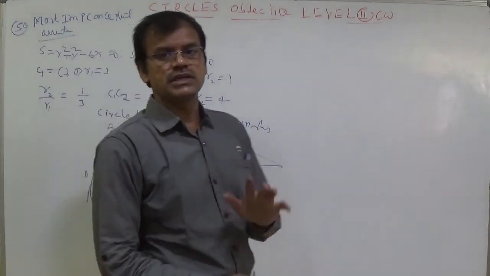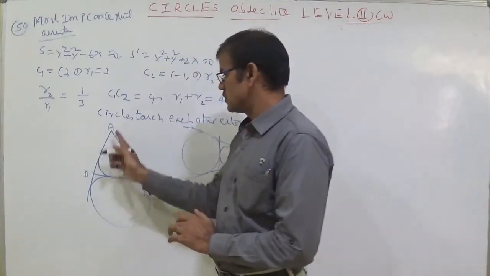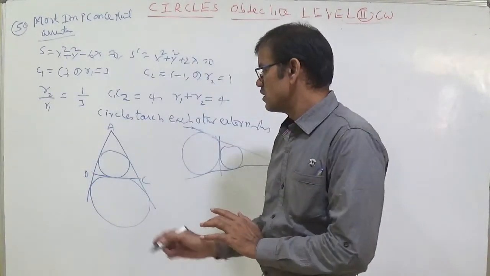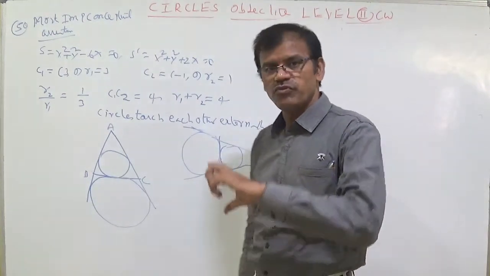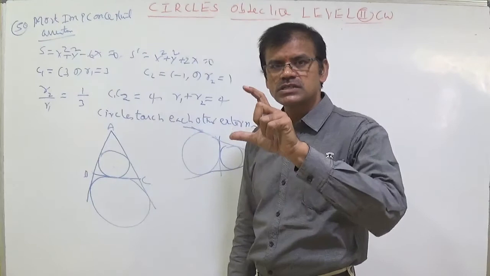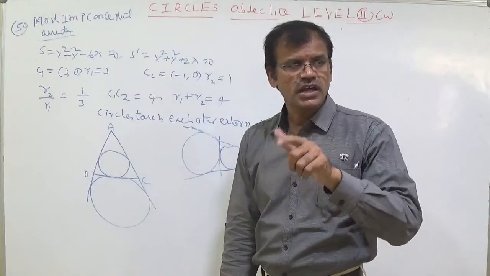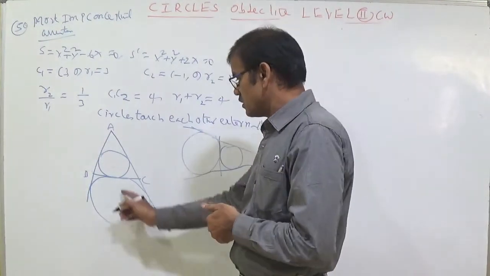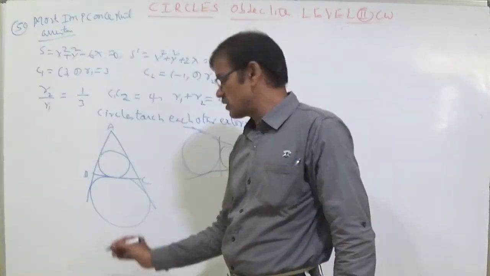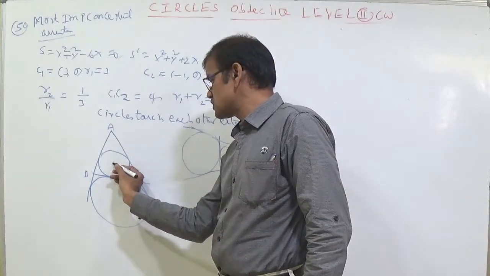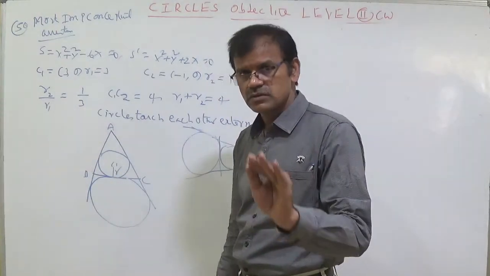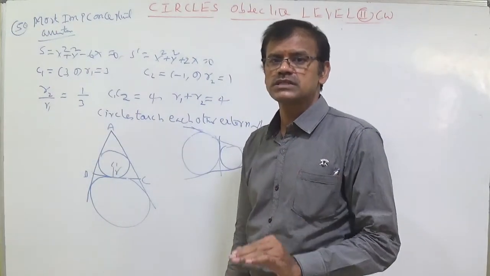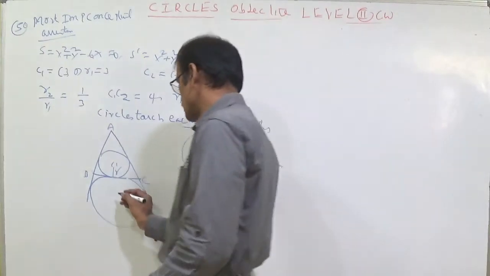If ABC is a triangle, this is the incircle of the triangle, which touches all three sides. A circle inside a triangle is called the incircle. This is the excircle of the triangle. Put here, this is C1, this is small r, not R1, because small r indicates the radius of the incircle.